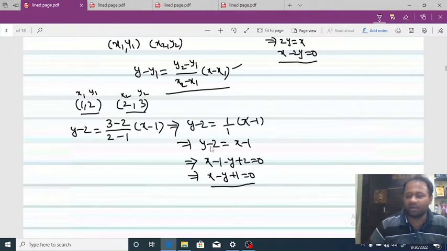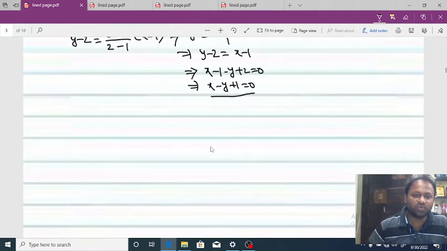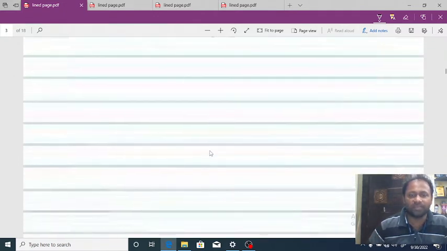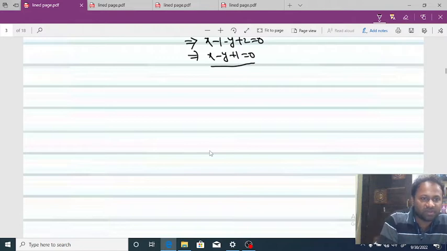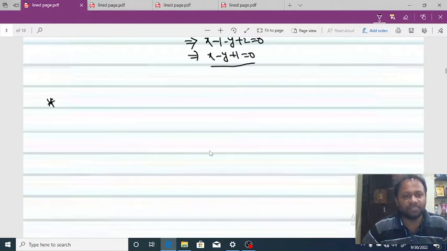Now I am going to write one more formula of the straight line. The other formula is the intercept form of the straight line.